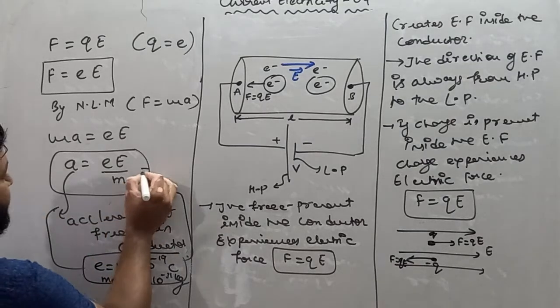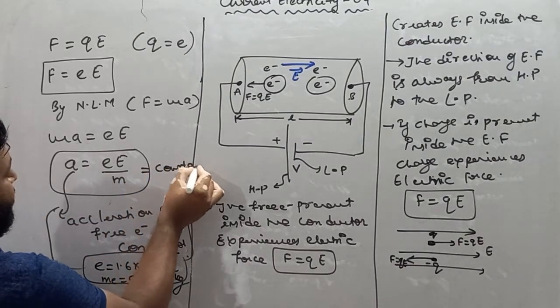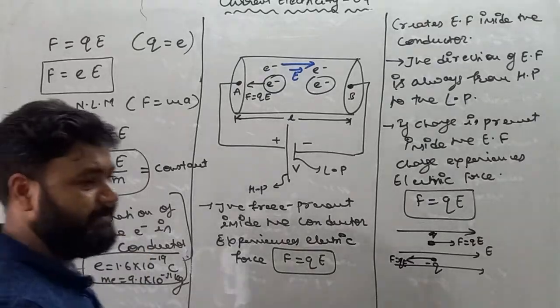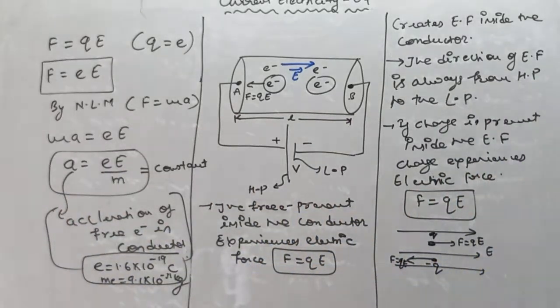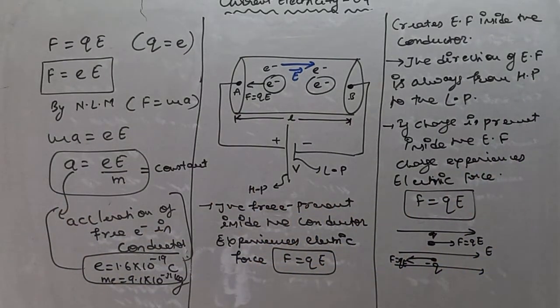So this acceleration is constant, my dear student. Remember, the free electrons present inside the conductor, under the presence of electric field, when current is flowing, have acceleration eE by m, and the value of acceleration is constant.